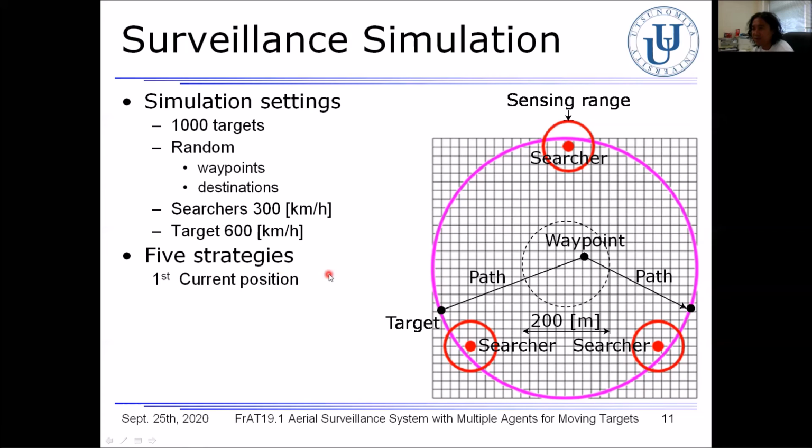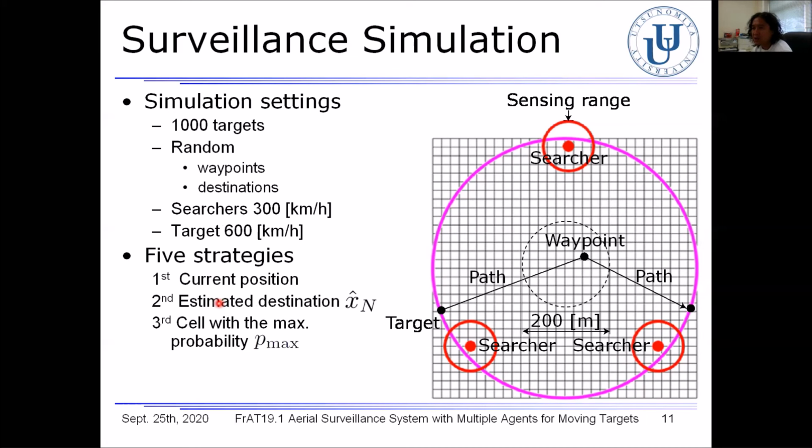The first strategy allows the searcher to approach the current position of the target. The second strategy allows the searchers to approach the estimated destination. And the third strategy allows the searcher to approach the cell with the maximum moving probability.